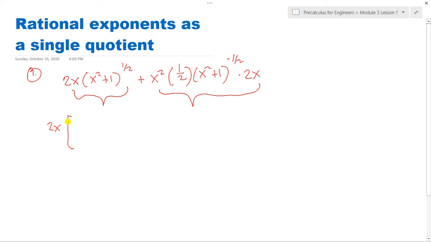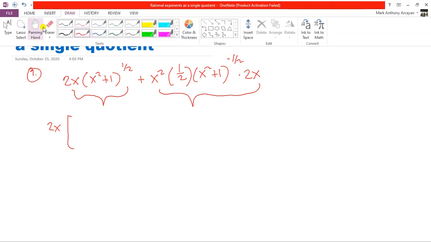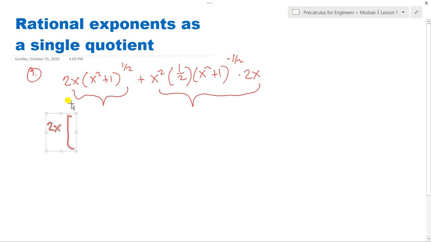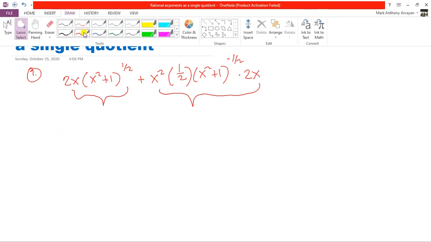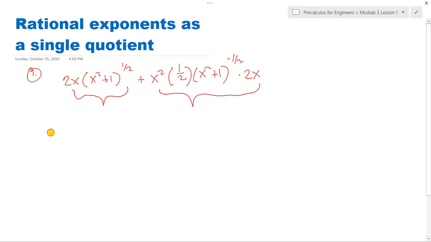Then what's left? We factor out not only 2x but also the x squared plus 1 raised to 1/2. So we have here 2x times x squared plus 1 raised to 1/2. So what remains in the first term? Nothing, just 1, because the two were already factored out.